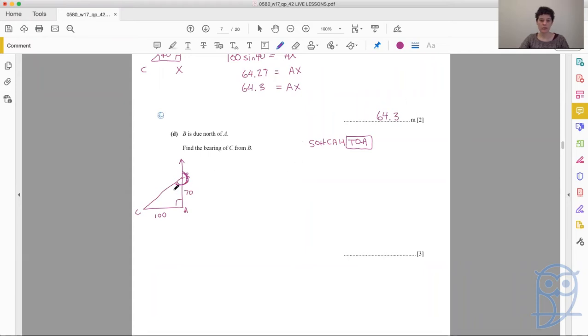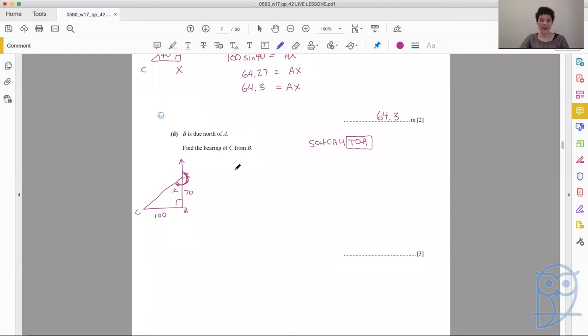So let's call this angle X. Because we want 180. I'm doing this a different way around to when I practice this. Okay, so let's go with it. We have got opposite and adjacent, yes.